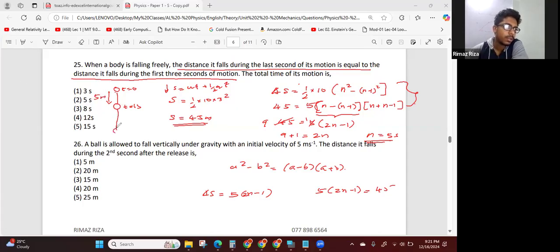And then after 2 seconds, it will travel, if I'm correct, 15 meters. Sorry, 20 meters. So this total distance is 20 meters. In this time interval, it is 15 meters.